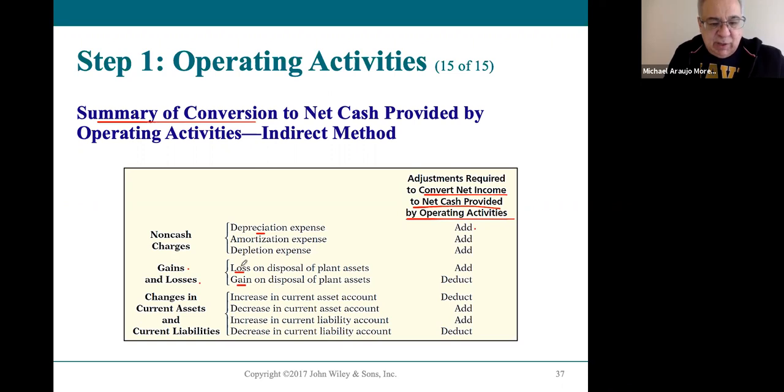We subtracted a loss out of our income statement using the accrual method. We add that back in using the cash method. We added the gain with the accrual method. We subtract it out on the cash method. And then we just went through our changes for current assets and current liabilities, looking at, did it cost cash or did it save cash? That's how we look at it. Good chart to know.